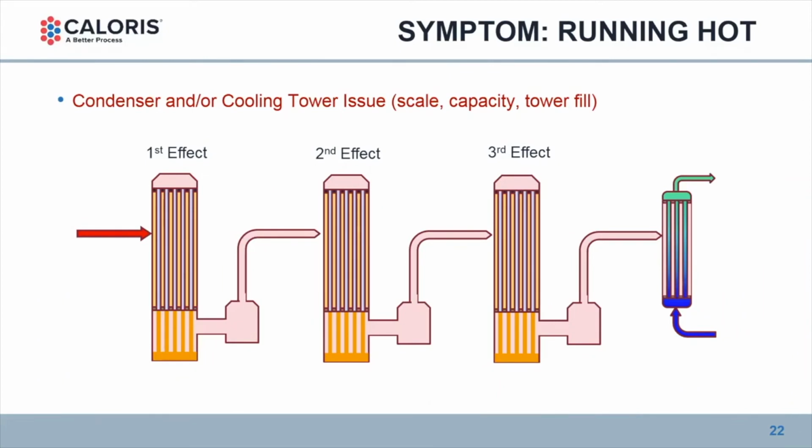It can be, you know, if the fill in your tower is collapsed and you're not cooling that water off before it returns again, you're losing that cooling capacity. And scale, similar to product fouling on the inside of your calandria tubes. Mineral fouling on the inside of those surface condenser tubes will also rob you of heat transfer performance.